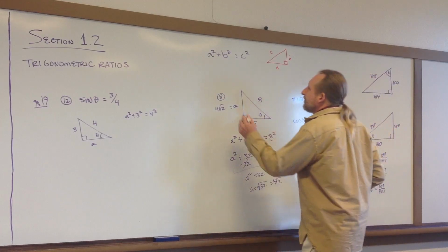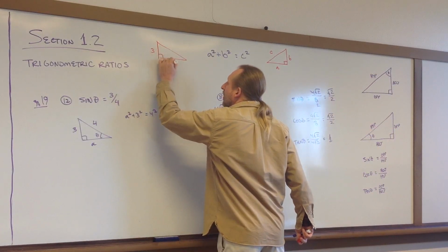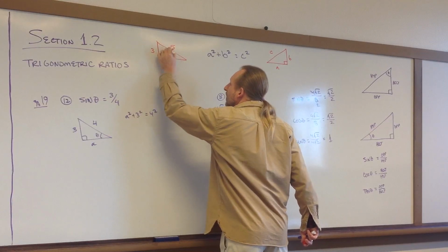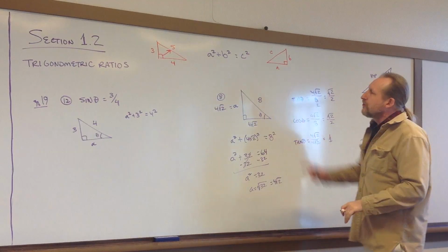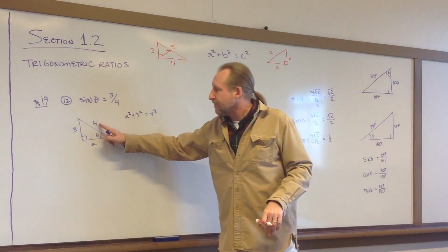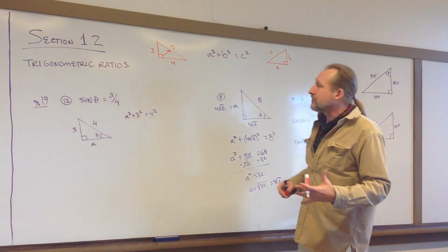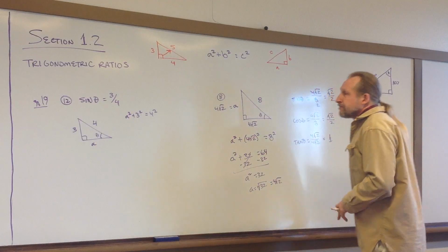In a 3, 4, 5 triangle, 3 and 4 are the legs of the triangle. 5 is the hypotenuse, it's the longest side, and those values will satisfy this equation. Over here, notice that the 4 is the hypotenuse. That means A can't possibly be 5, okay?